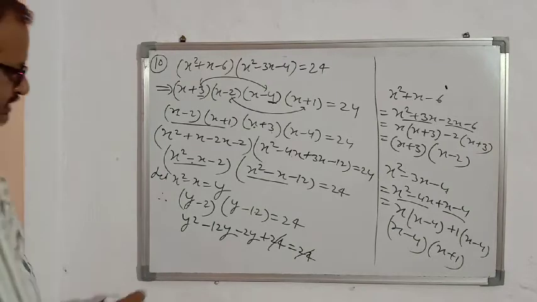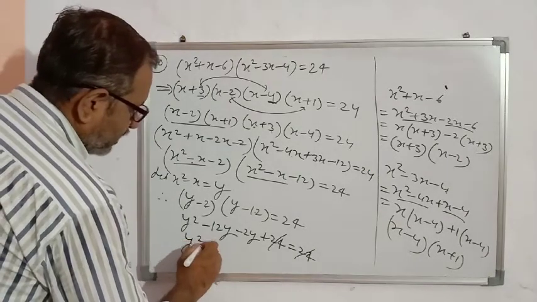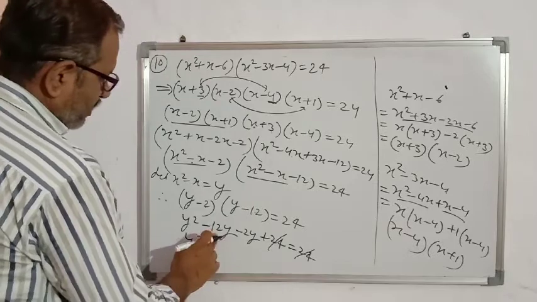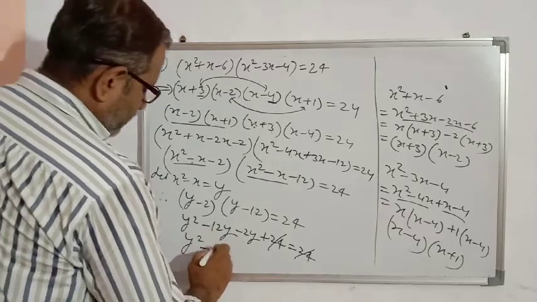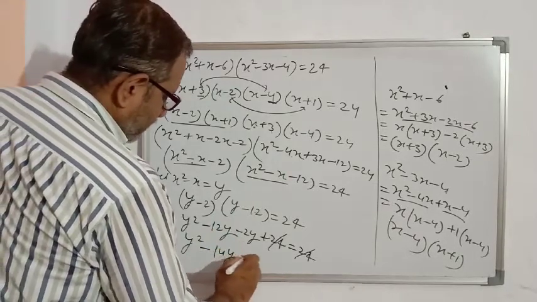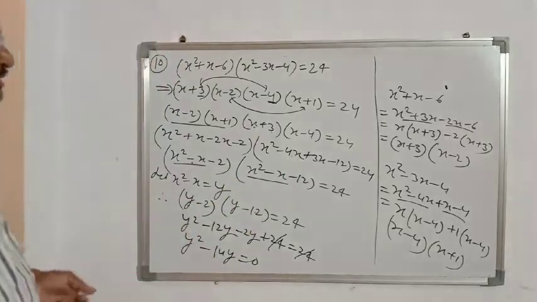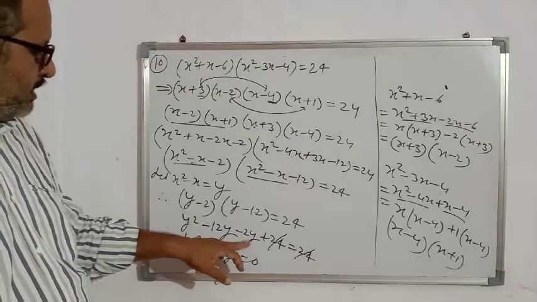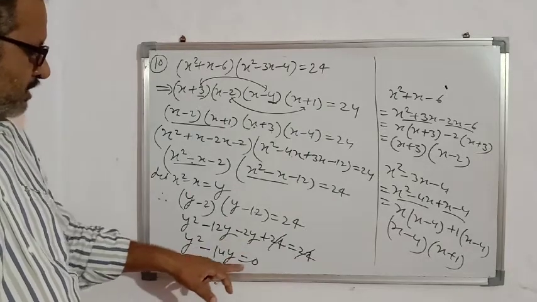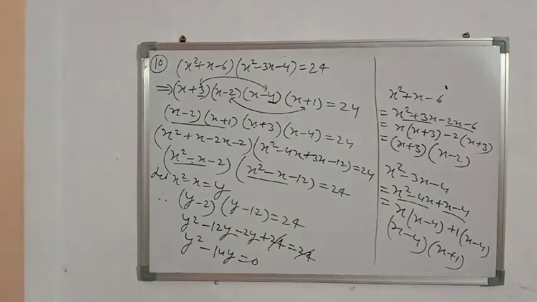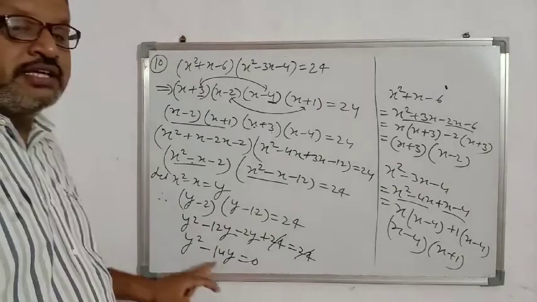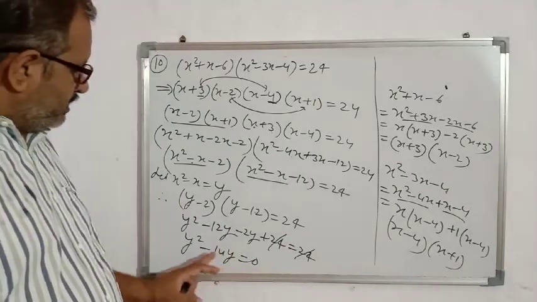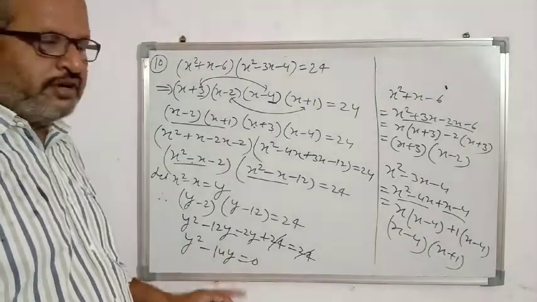So we will get y² − 12y − 2y = 0, that is y² − 14y = 0. It is a quadratic equation in y, so factorize it to solve for y.